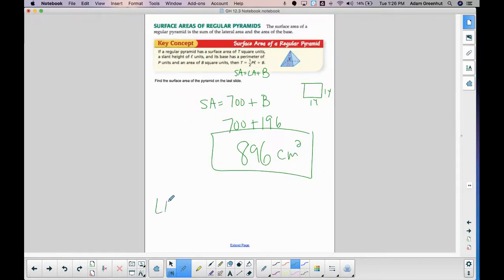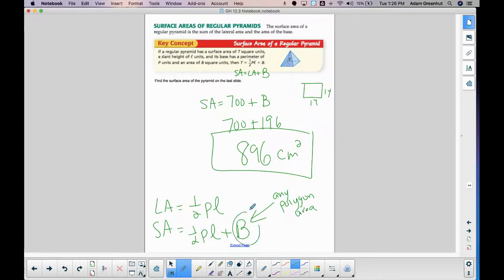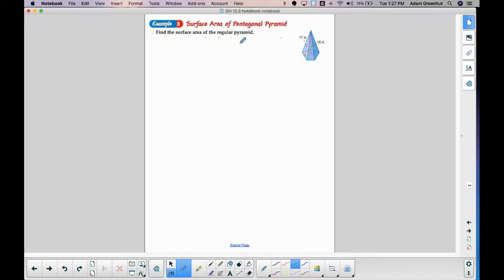So once again, our lateral area of a pyramid is half perimeter slant height, and our surface area is half perimeter slant height, or lateral area, plus the area of one base, where that one base can be any polygon. Any polygon area. So this letter B is kind of all of the last chapter rolled into one.